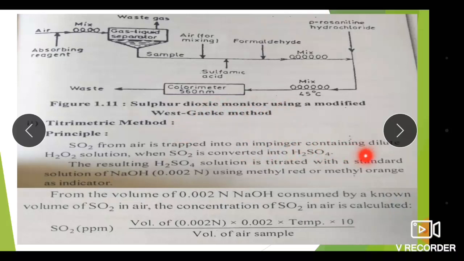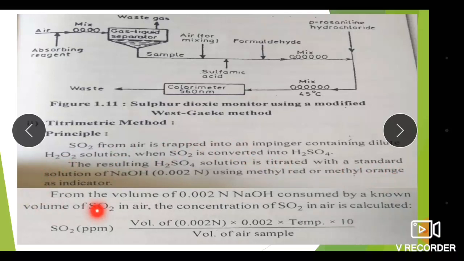Air is trapped into an impinger containing dilute H2O2 solution. Then SO2 is converted into H2SO4. The resulting H2SO4 solution is titrated against the standard 0.002 normal NaOH solution, using methyl red or methyl orange as an indicator.